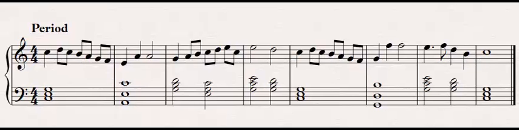Okay, so just to remind you, the period has the antecedent and the consequent. The antecedent is made up of the basic idea plus a contrasting idea. So let's listen to it, see if we can figure it out.